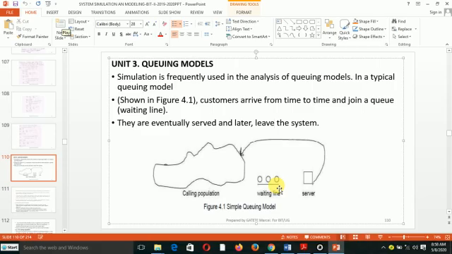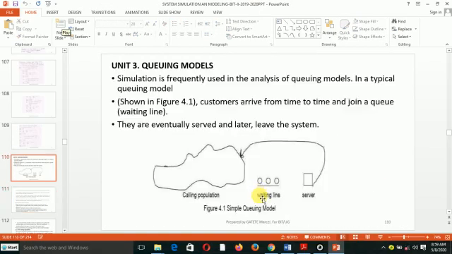If you have 3 servers, it means 3 people can go at the same time. If you have 1 server, only 1 customer is able to leave the queue and go to the counter. When he goes to the counter, he will get the service. After getting the service, he will leave. So this is an example of a simple queuing model.